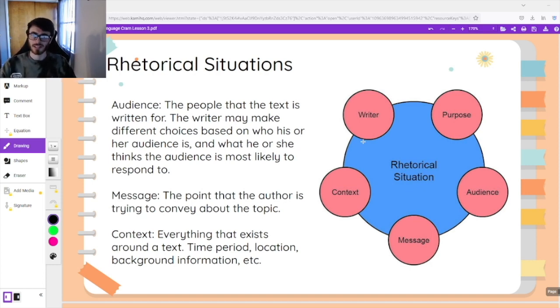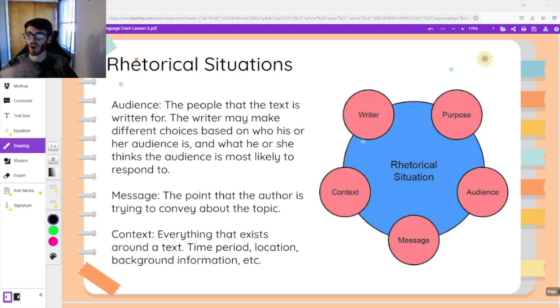And finally, the context. The context is just everything that exists around a text. It's time period, location, background information, etc. If it was written in the United States in the early 1800s, okay, what else is going on during that time period, right? That's the context. Time is kind of the biggest part of the context, but location is important as well.